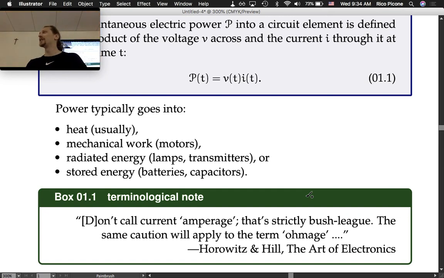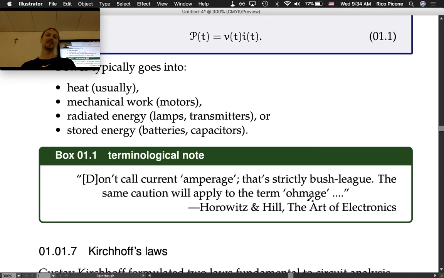Mechanical work, motors, radiated energy, lamps, transmitters, stored energy, batteries, capacitors, etc. Especially if you're doing any sort of processing, like computer processing, the product that comes out of that is essentially just heat, in terms of power. You get information that gets processed too, but that's not, I guess, direct energy. It is related to entropy, though, so that's kind of an interesting one.